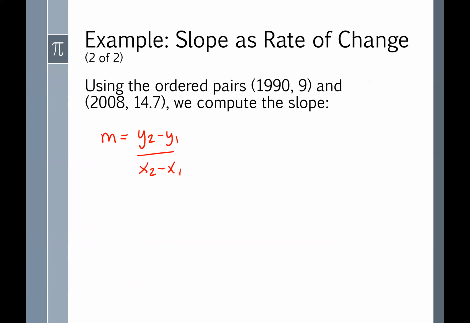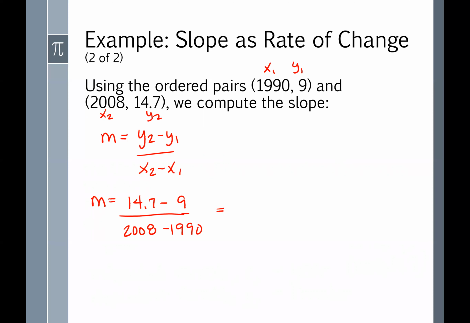Okay, so the slope is the change in Y over the change in X. So we're going to plug and chug. I'm going to make this X1, this Y1, this X2, Y2. Why not? 14.7 minus 9 over 2008 minus 1990.